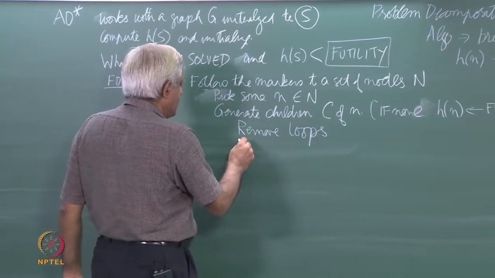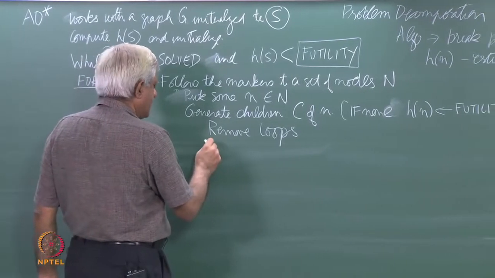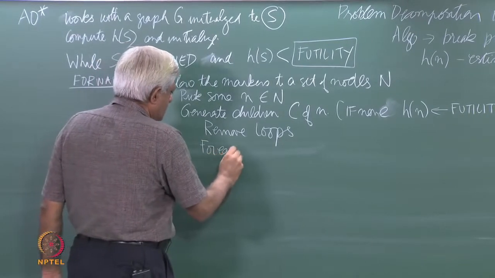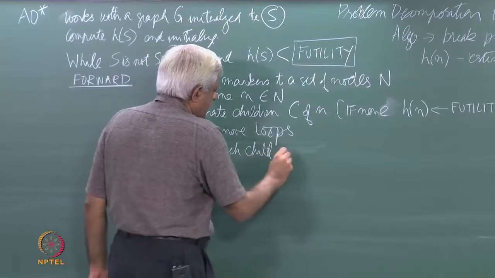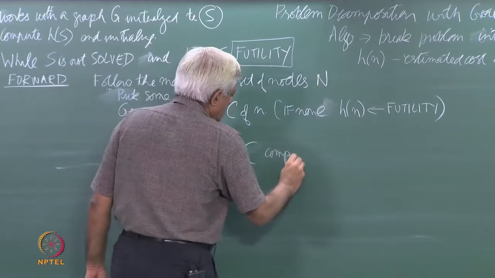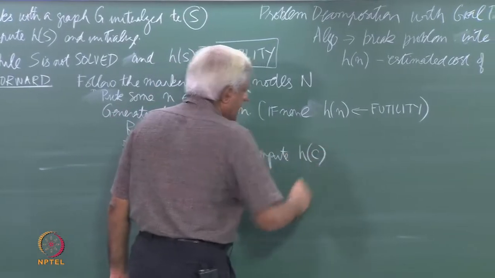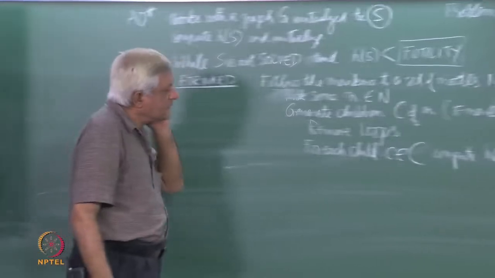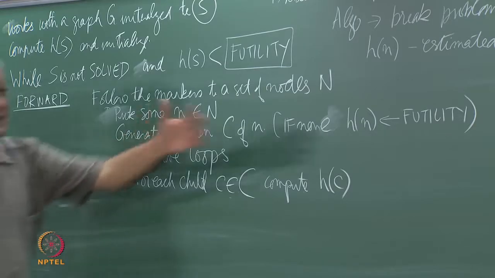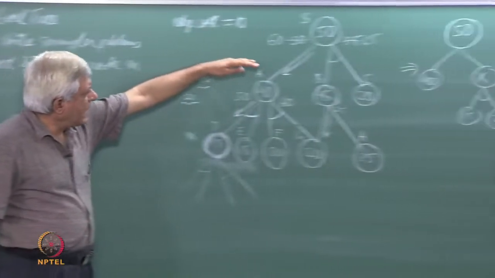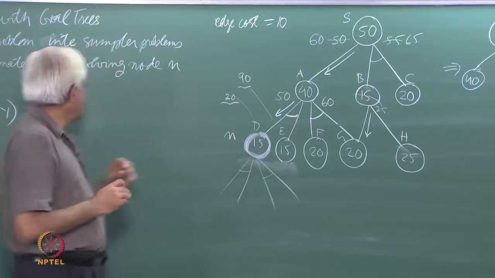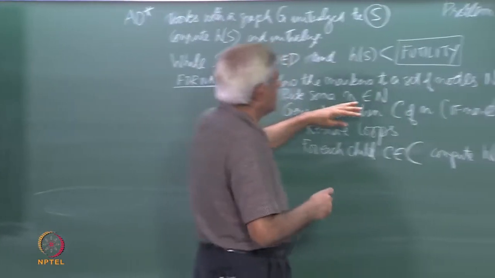Then otherwise, for each child C belonging to this C, compute H of C. So, this is the forward phase of the algorithm, that in this situation I follow the markers, I will come to a set of nodes n.